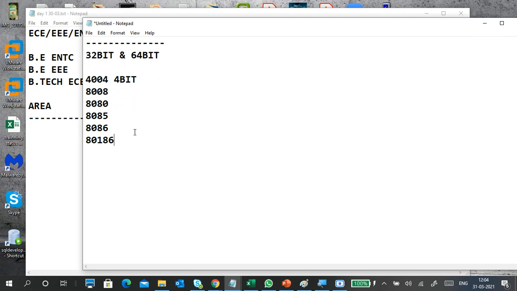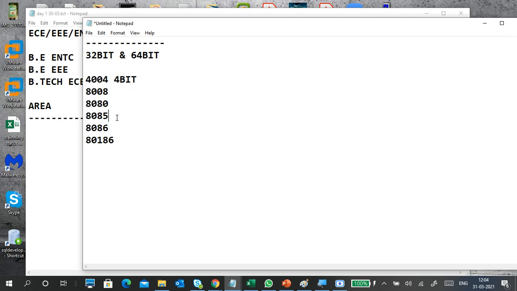Then Pentium 1, Pentium 2, Pentium 3, Celeron, Pentium 4, Pentium 4 Extreme, Dual Core, Core 2 Duo, Pentium Gold processor. So different Celeron processors, and there is Pentium M for laptops.